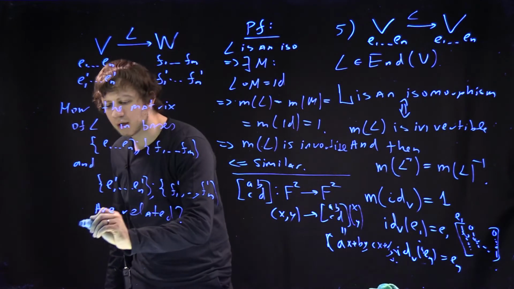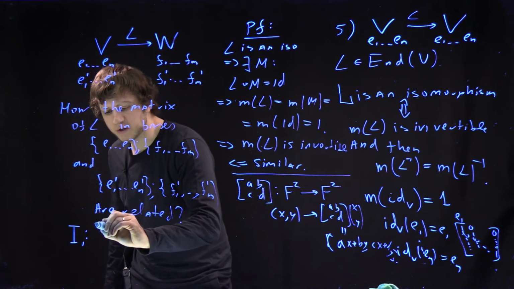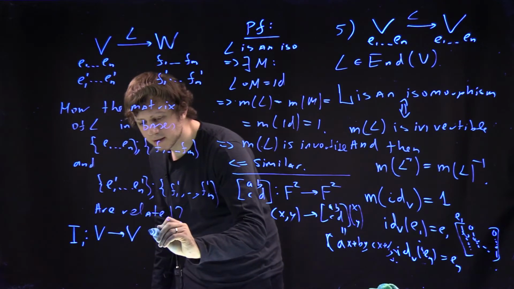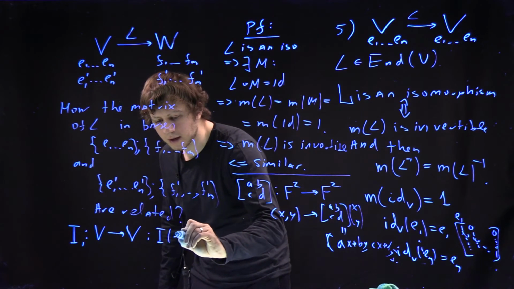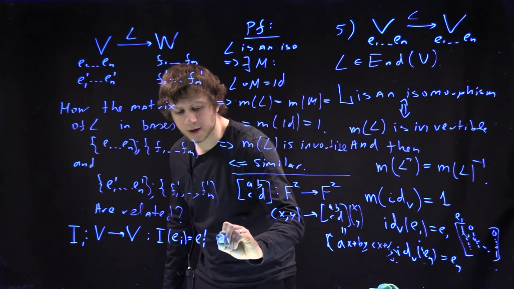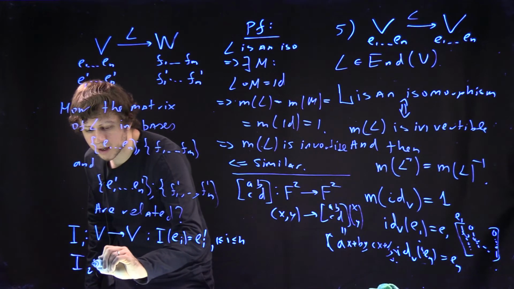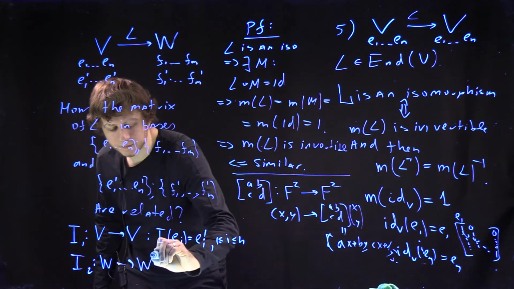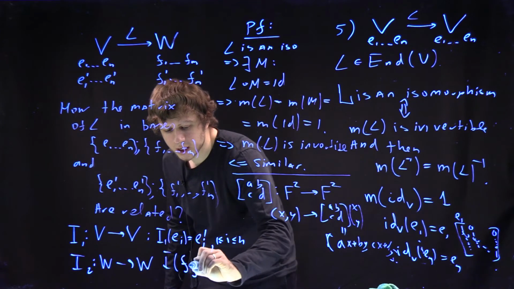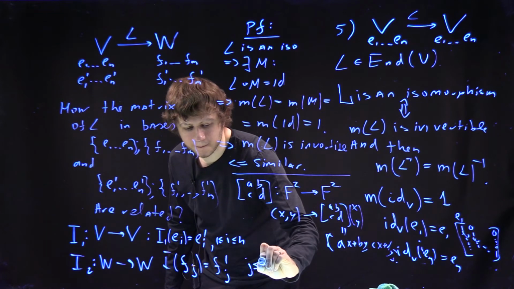So consider I1, a map from V to V, such that I1 of Ei is Ei prime for i from 1 to n, and I2, a map from W to W, where I2 sends Fj to Fj prime, j from 1 to m.